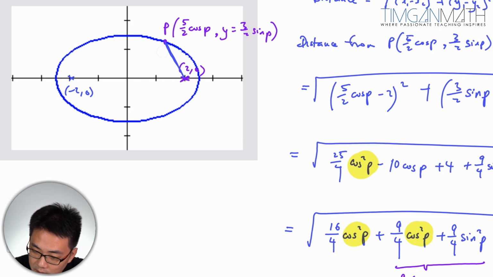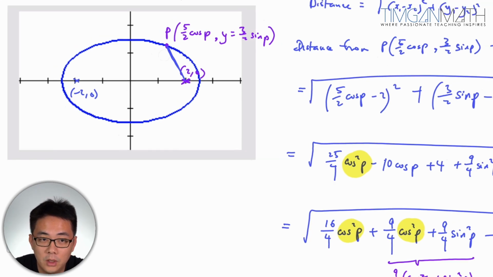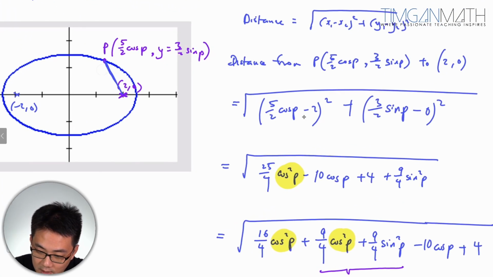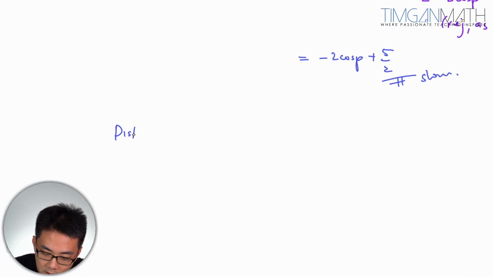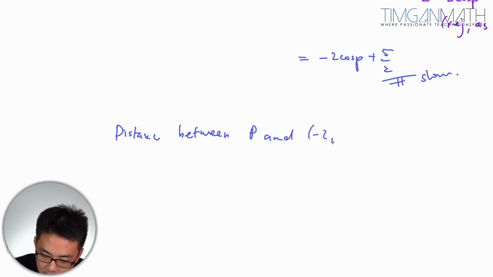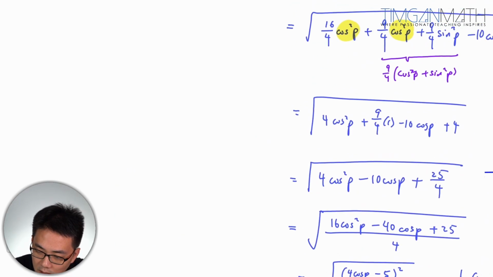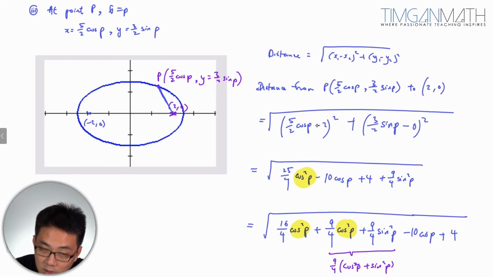So what happens is this changes to negative 2, so this will be plus over 2. So the distance between p and negative 2, 0, everything is the same actually, except for this changes to positive 2.